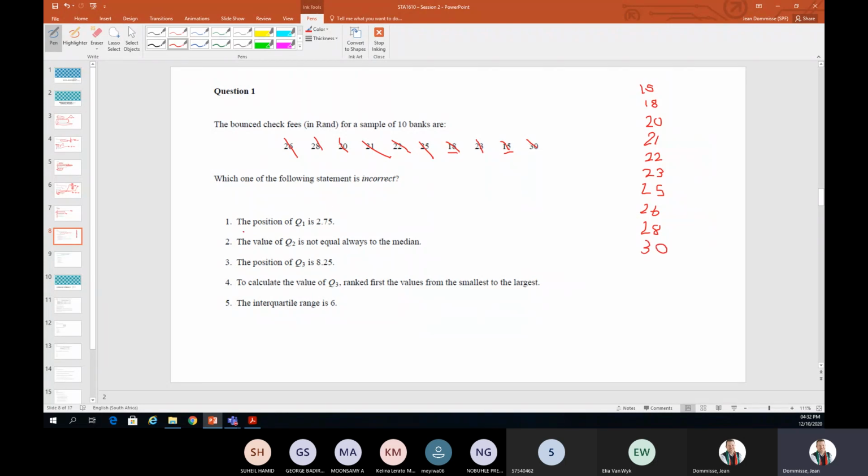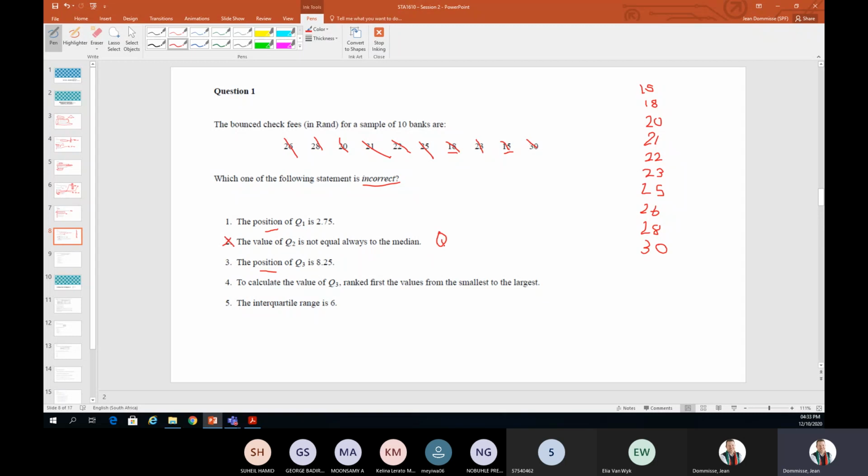Okay, so they first ask, that one is a position, that one is a position, the value. Okay, so which one is incorrect? The value of Q2 is not always equal to the median. Okay, so that one is incorrect.